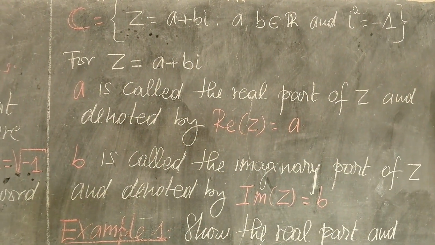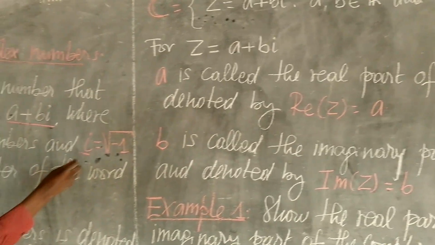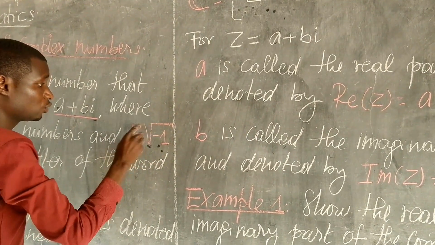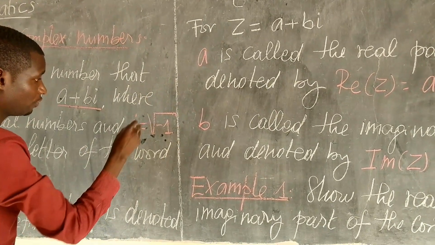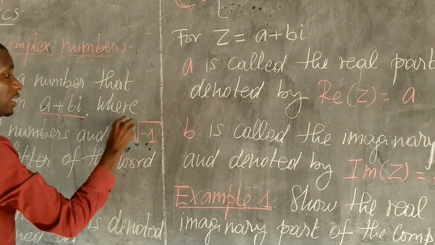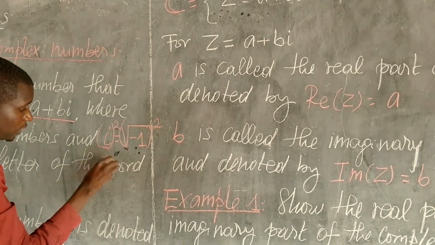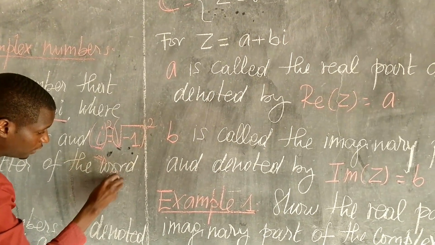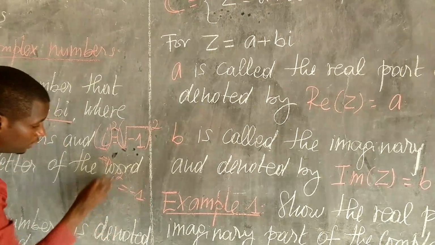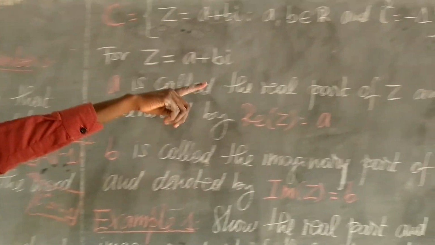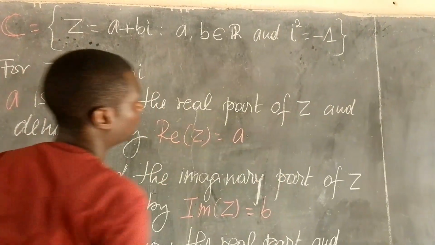You remember that to remove the square root, we square both sides. It means that we get i squared equals negative 1. That is the reason why we say i squared equals negative 1.